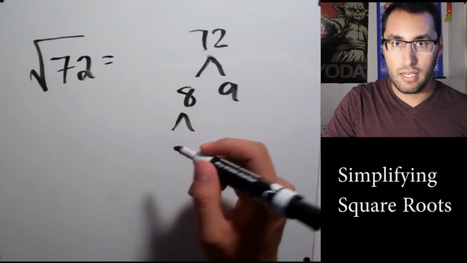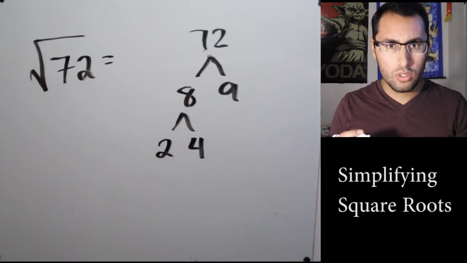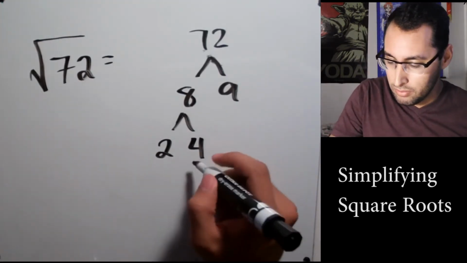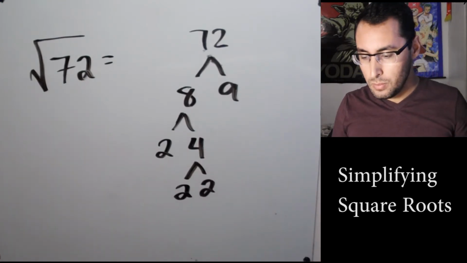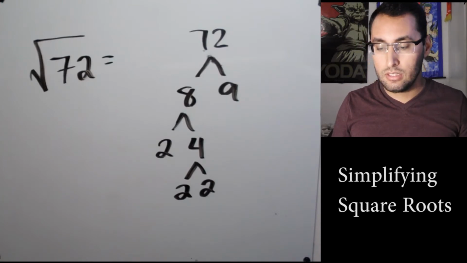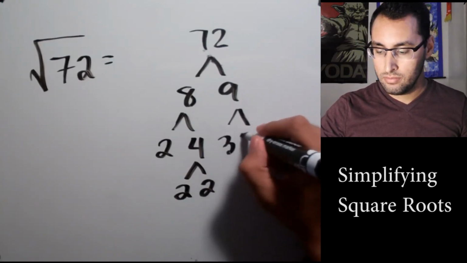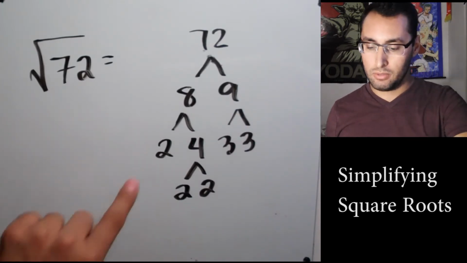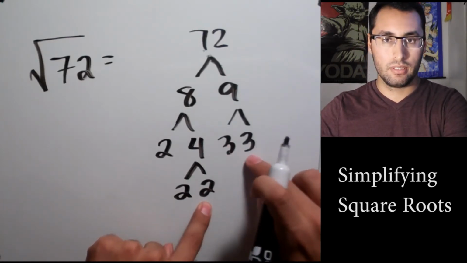Some factors are 2 and 4. You're always trying to simplify further, so I can simplify 4 into 2 and 2. What about this 9? 3 times 3 gives me 9. Again, I'm looking at the ends of our branches: 2, 2, 2, and the 3's.